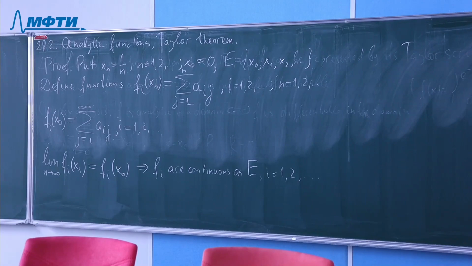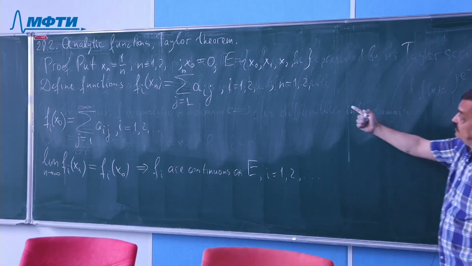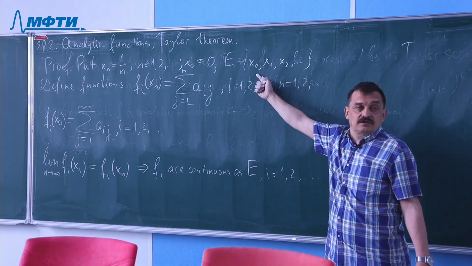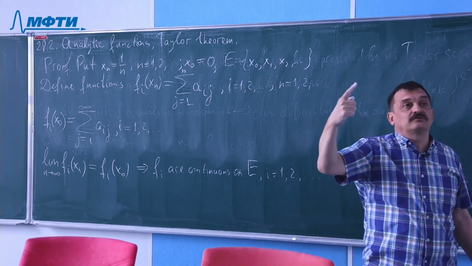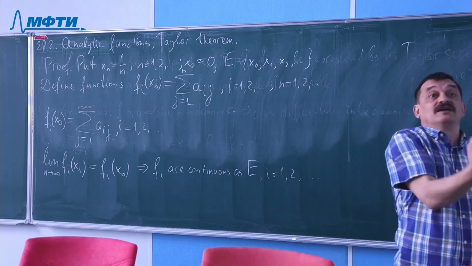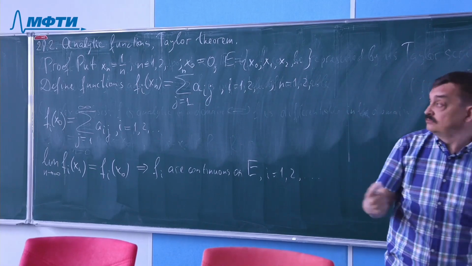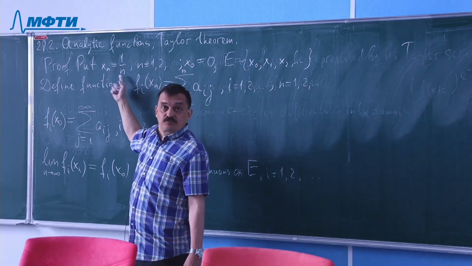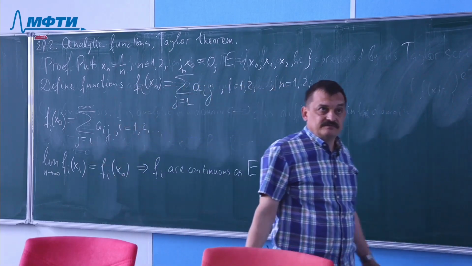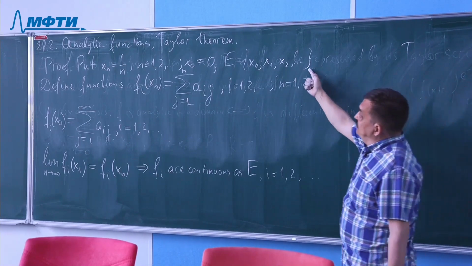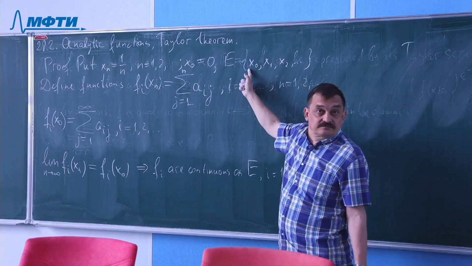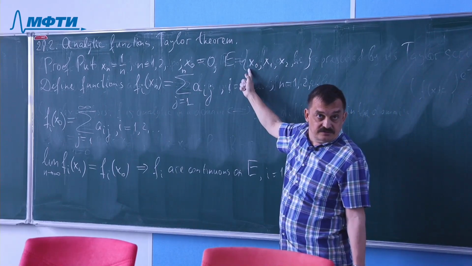Why? Because look at the set E. It consists of isolated points x_1, x_2, and so on, plus one limit point, x_0. 0 is the limit point of that sequence, right? So our set E contains only one limit point, right?